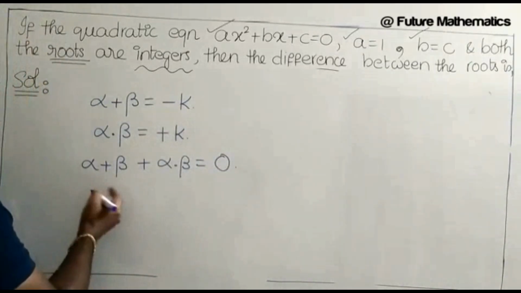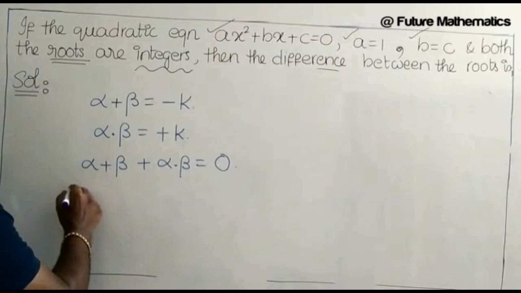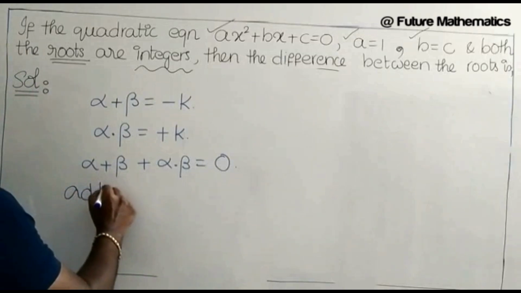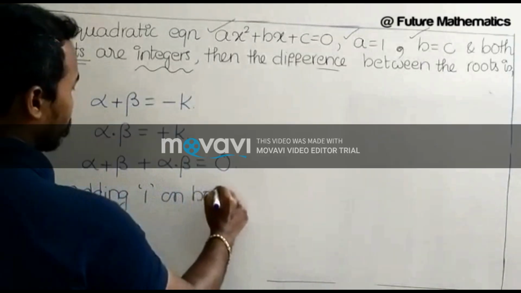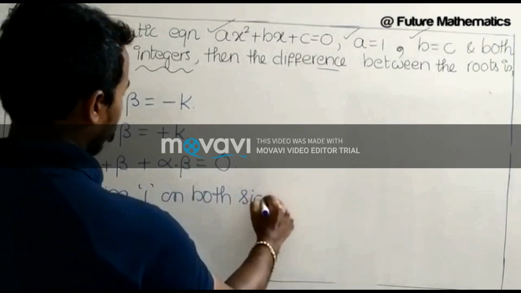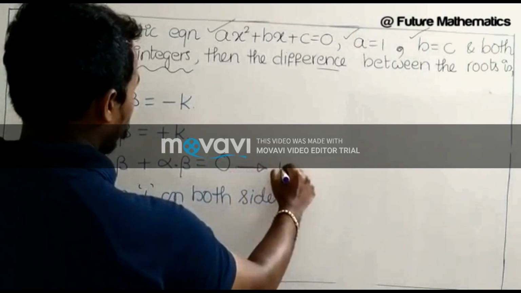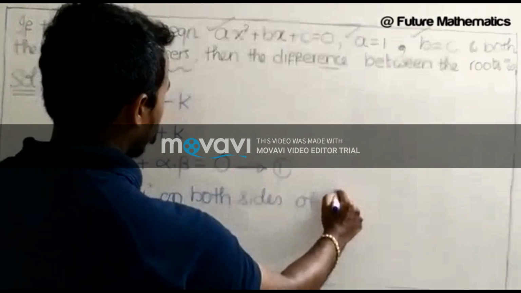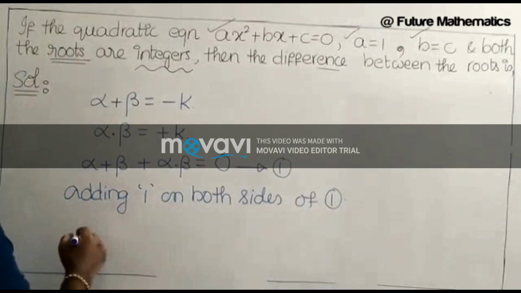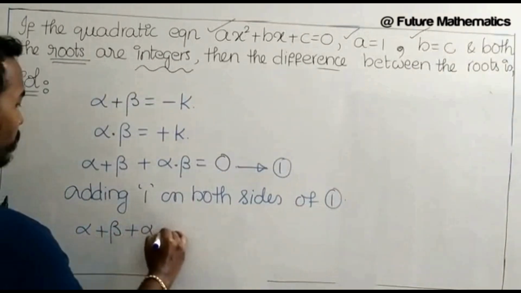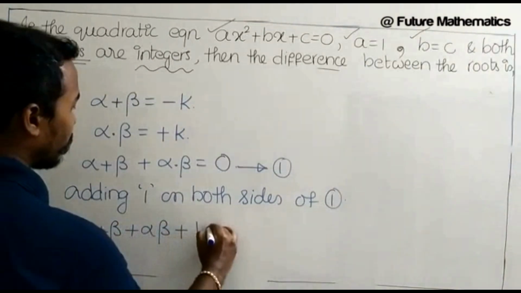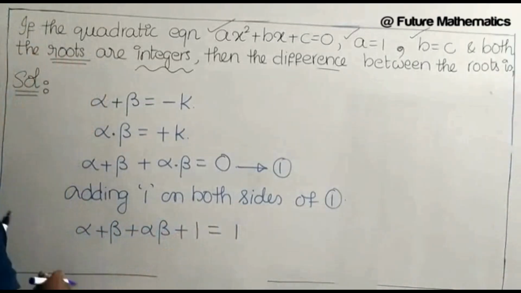Now adding 1 on both sides, designate this as equation 1. Then what do we get here? We get alpha plus beta plus alpha beta plus 1 is equal to 1.